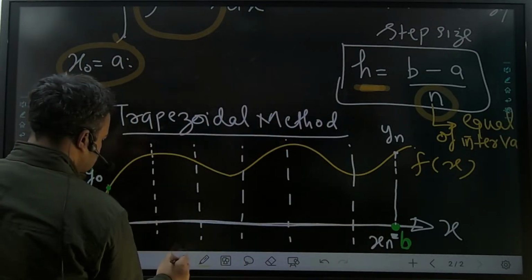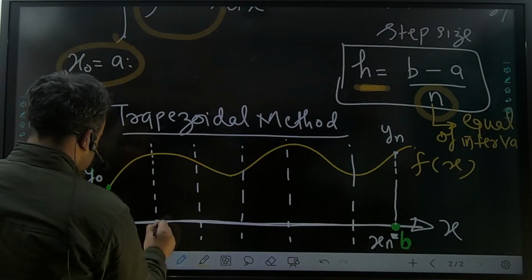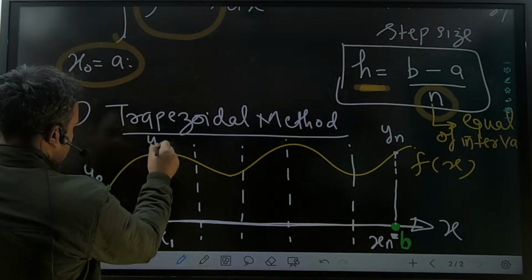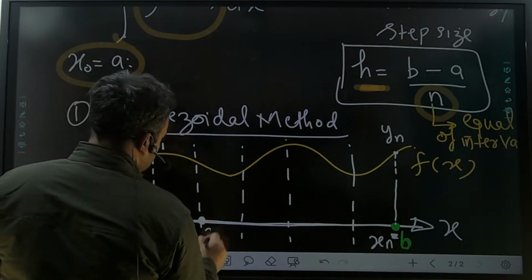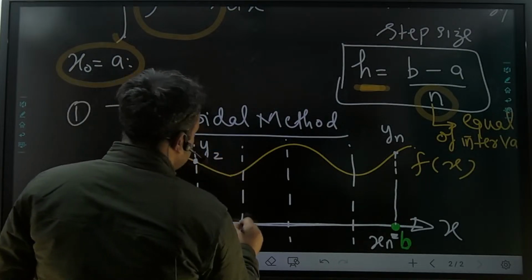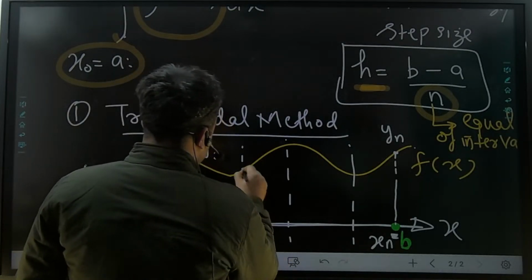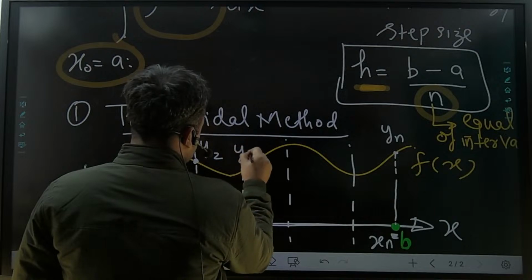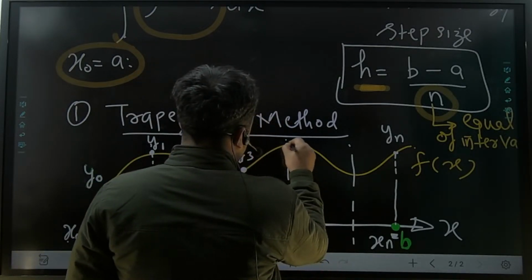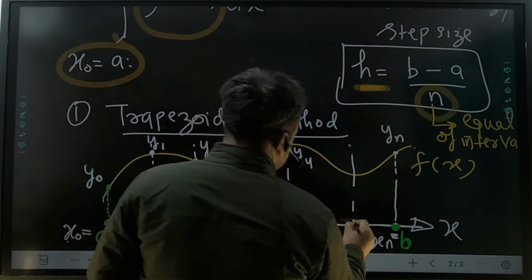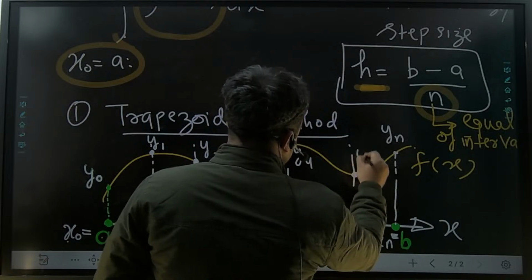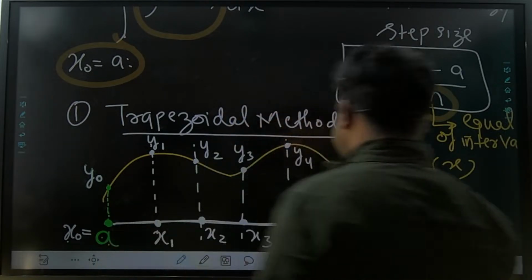So let's say this is x1, which corresponds to y1. This is x2, which corresponds to y2, this is x3, which corresponds to y3, this is x4, which corresponds to y4, this is x5, y5.